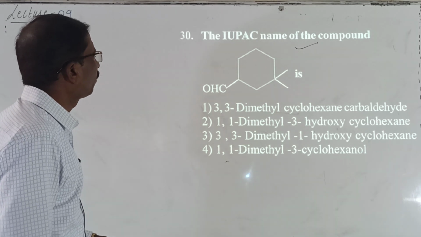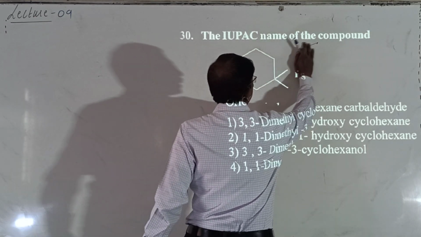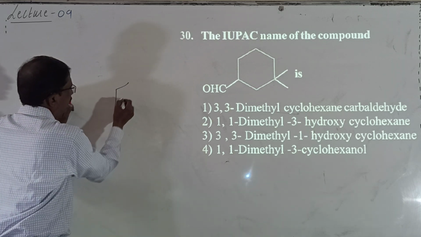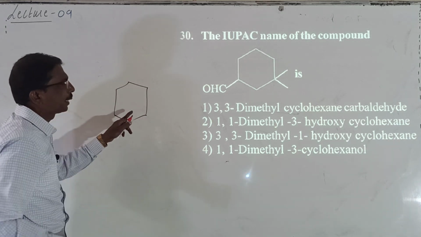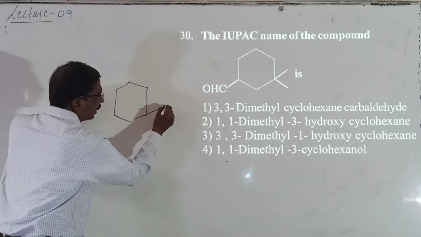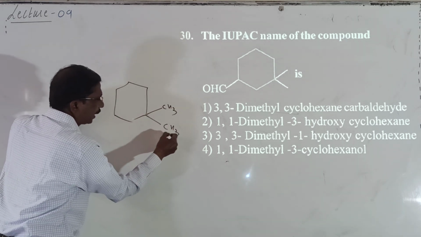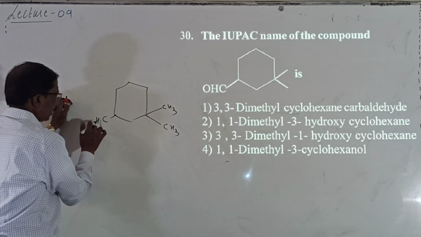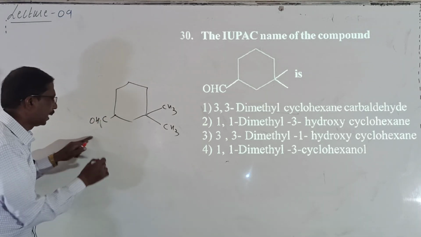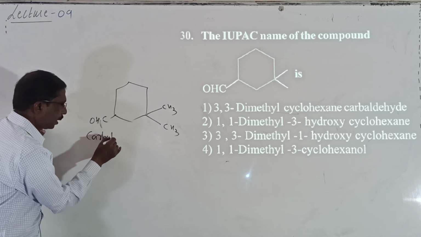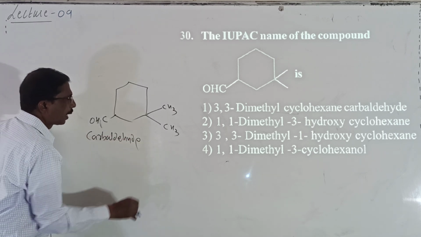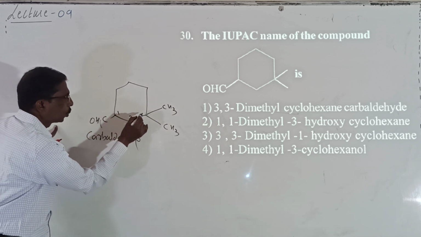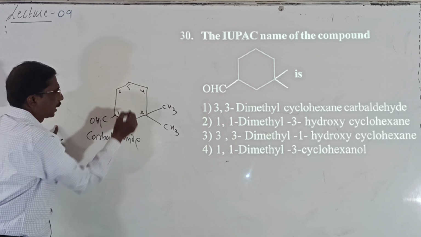Then the IUPAC name of the compound. Look here students, here I will write. So this one is cyclohexane, and here the dash means it is CH3, and here it is CH3, one line means CH3, and here it is CHO, aldehyde group, and the aldehyde group is called carbaldehyde, and here it is methane, and carbaldehyde is a functional group. Number it 1, 2, 3, 4, 5, 6.